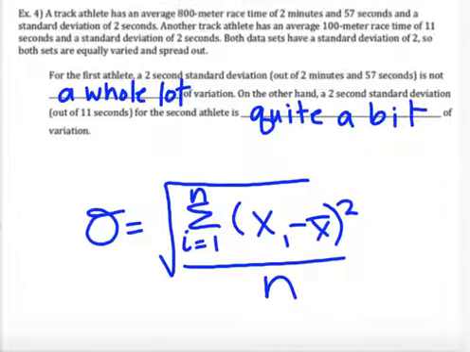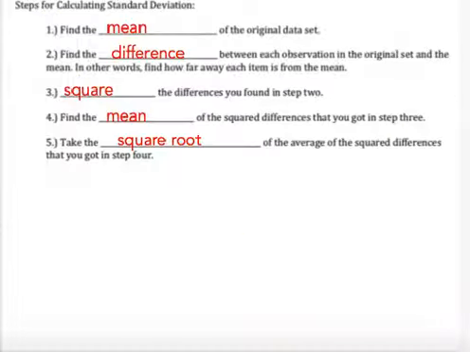So we're basically just doing the deviation that we've been doing, the mean minus each data point, so it'd be squaring them.